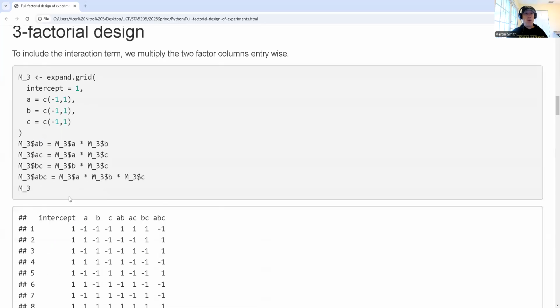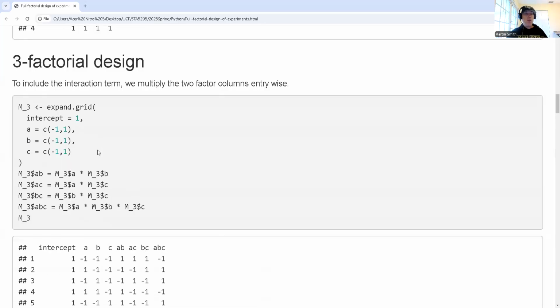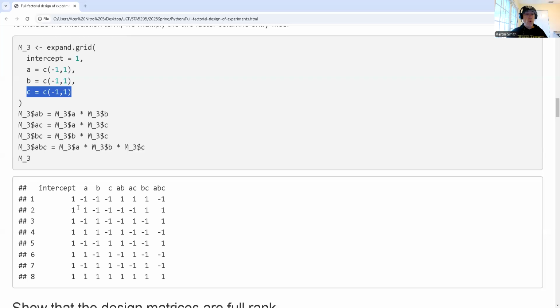Now we'll give you a 3 factorial design. Let's kick it up a notch even further. Let's get C involved. Now I have 3 factors that I'm interested in, and I'm going to do the same game I did before. Intercept is all ones, going all the way down. A alternates between -1 and 1 as I go all the way down.